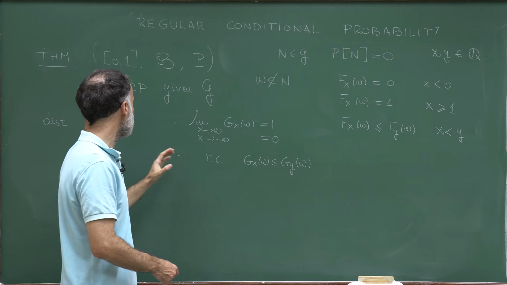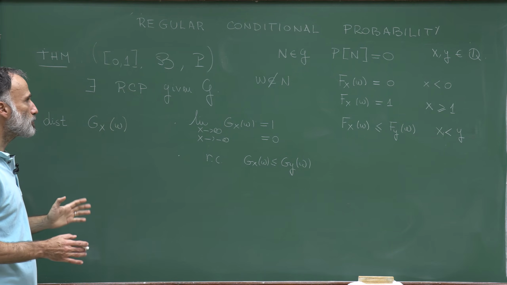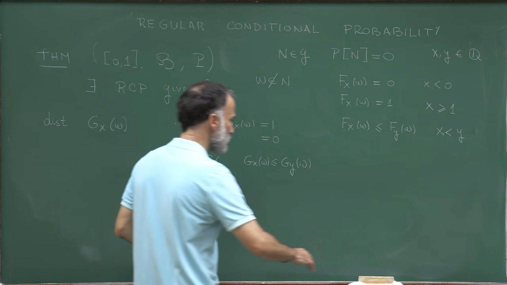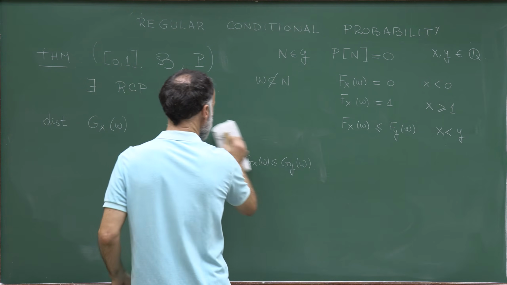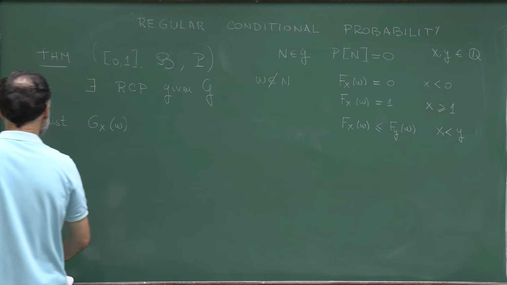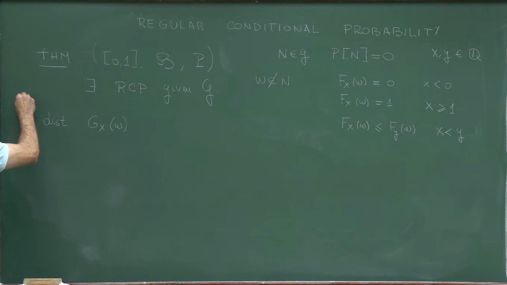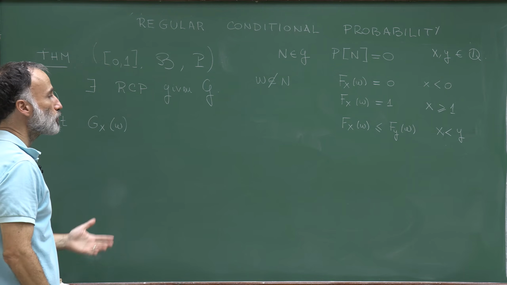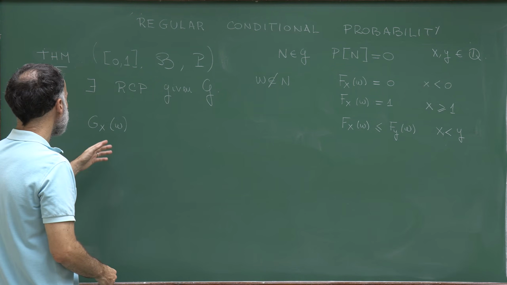So the second step consists in constructing this distribution function G. And we will proceed exactly as we did when proving that the space of distribution functions is compact for the weak topology.